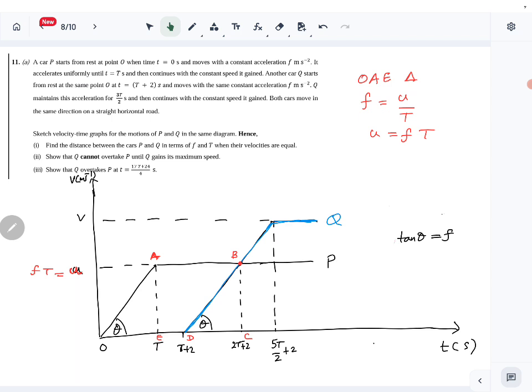Show that Q cannot overtake P until Q gains its maximum speed.